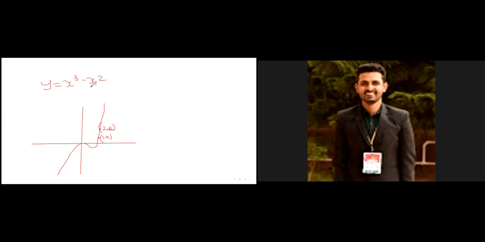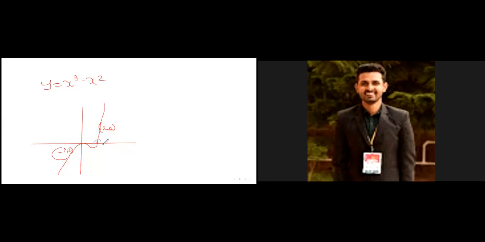Something, there is a mistake here. Just leave it. Okay, just look at the graph here. How many points is this graph intersecting? Yes, this graph is intersecting at 2 points.